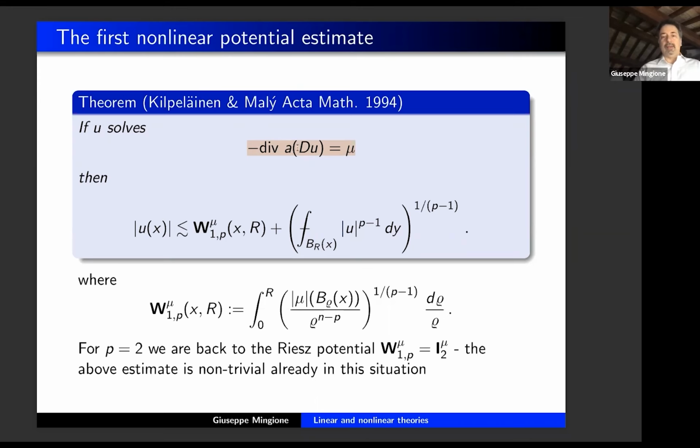But wait, already when on the left-hand side you have the Laplacian operator, you cannot differentiate the equation because you are in the borderline case of Calderón–Zygmund theory. So there are no second derivatives if the right-hand side is just in L1, for instance. So the whole procedure stops at the very first stage.